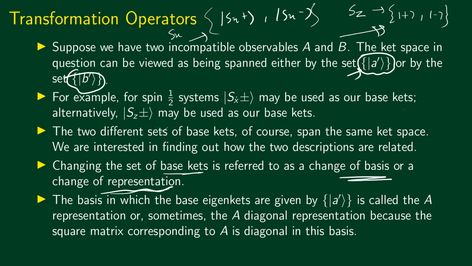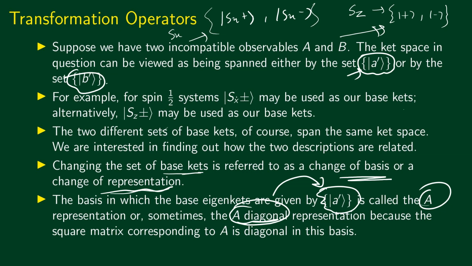The basis in which the base eigenkets are given by ket A prime is called the A representation sometimes, or sometimes the A diagonal representation. What do we mean by A diagonal representation? We mean that in this basis, the observable A is represented by a diagonal matrix.